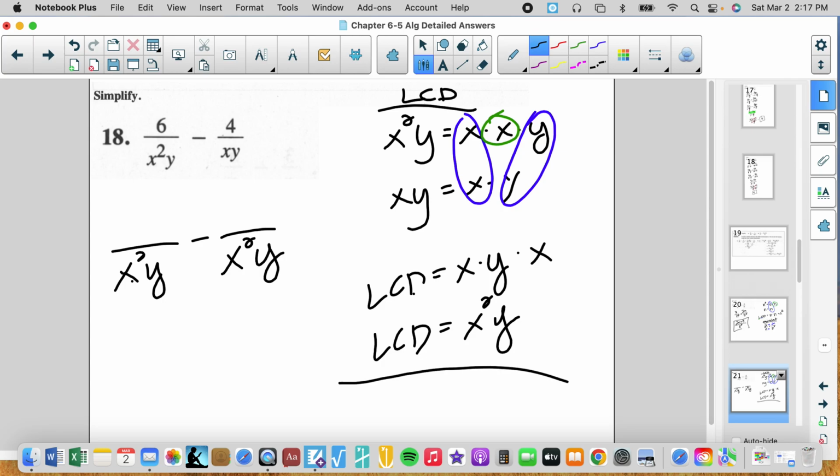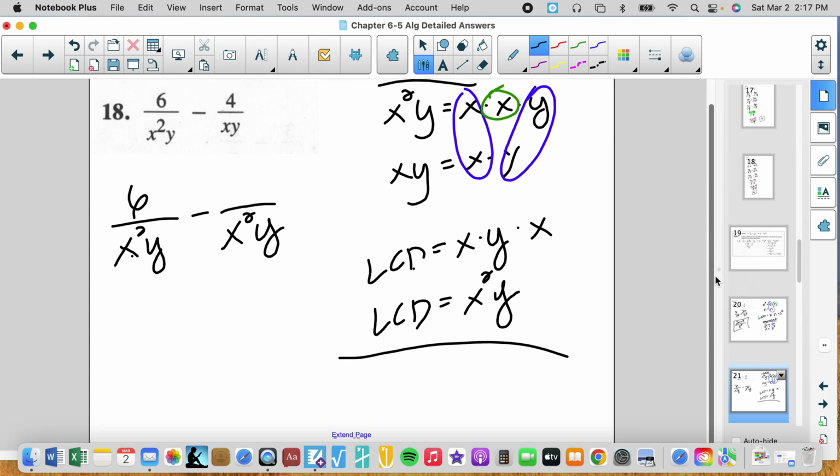And now equivalency. Well, that's already equivalent because we didn't have to change its denominator. And we have 4 over xy equals what over x squared y? So we're going to multiply by x. You get 4x.